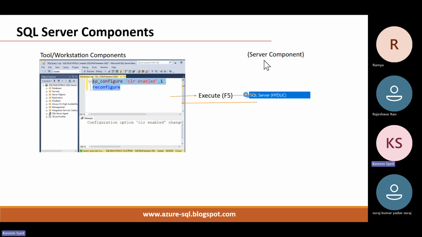Server component is nothing but the actual server, a collection of services. How will we check whether the server is running or not? The services will be running. Server is running means service is running.